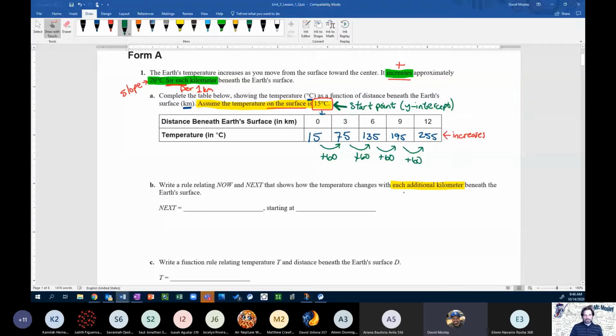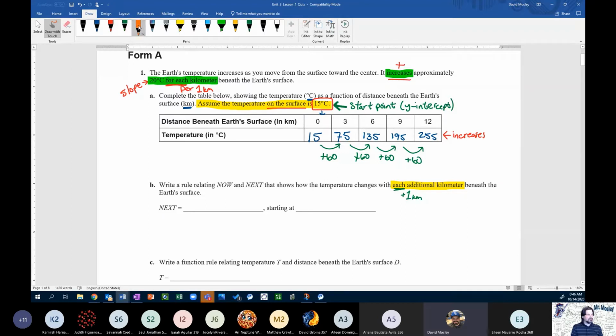For this rule, how many kilometers am I adding each time for my rate of change here? So I'm just doing each. I'm doing a 20-degree increase on the temperature for 1. We're doing a +1 on the kilometers. The table is doing +3, so we had 3 rates of change, adding 20 three times to get 60. So this one we'll use the other.